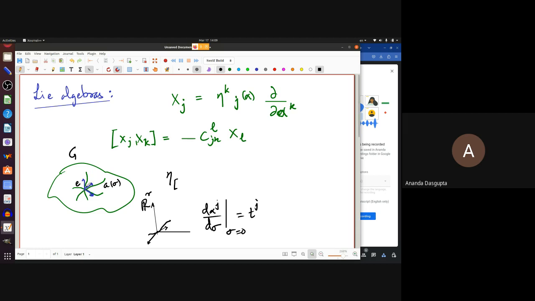Right? Identity is what maps to the origin. So whatever is the origin here is actually the identity.